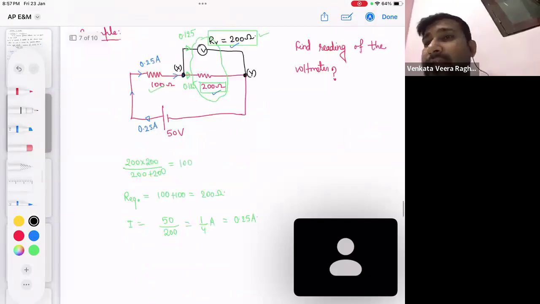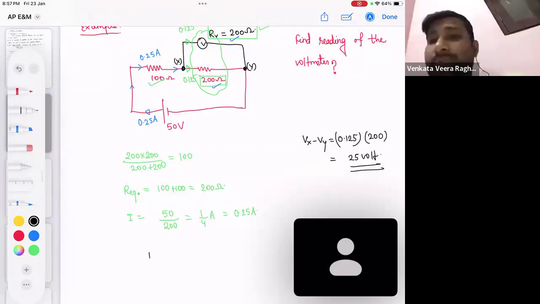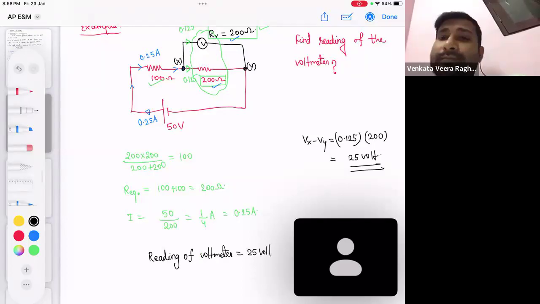So what is Vx minus Vy now? It is 0.125 into the resistance 200, so we get 25 volt. Please check it once. So the reading of the voltmeter will come to just 25 volt. Understood? Please tell me.